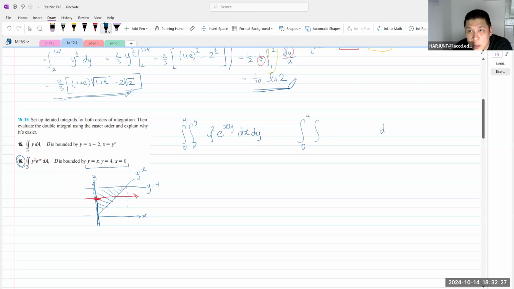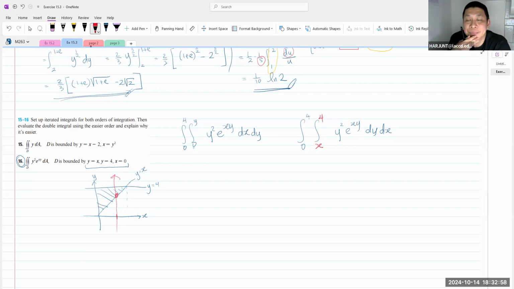And y will be, imagine you pick an x and you shoot in the positive y direction, you will enter at y equals x and you get out at y equals 4.